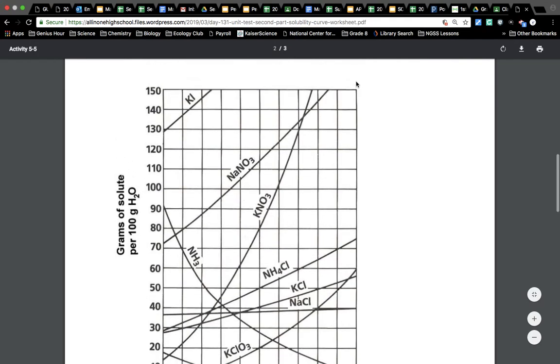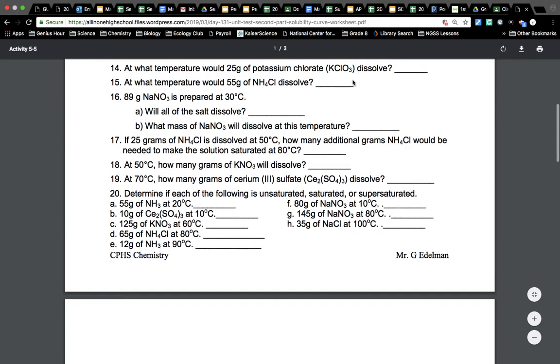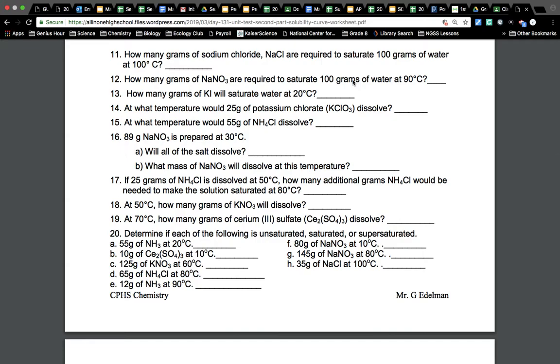So that's going to be considerably above the curve. It could be like 160 or something like that. 90. So yeah, it looks like 160 or something.